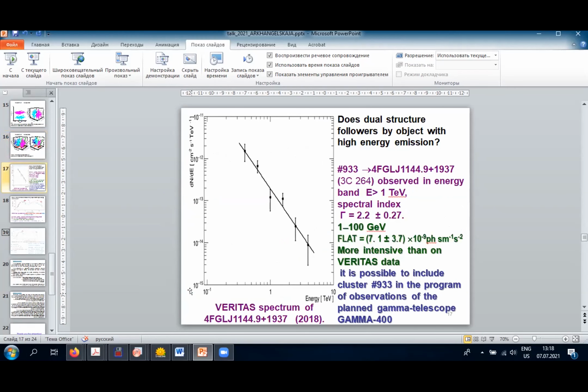So, and next questions occur. Does such structure follow from objects with high energy emission?